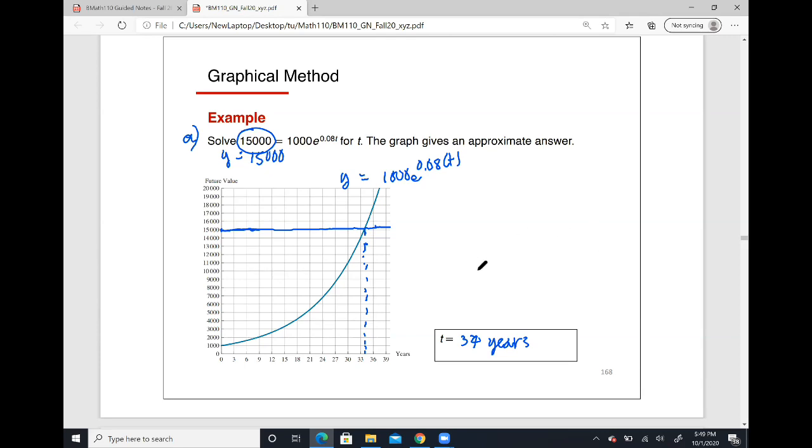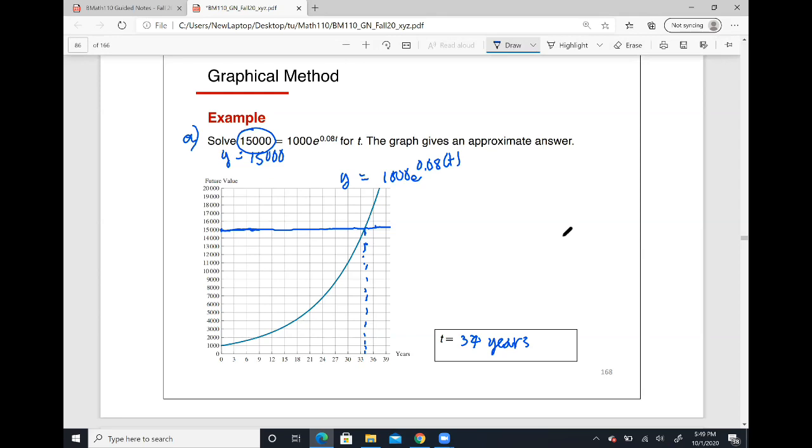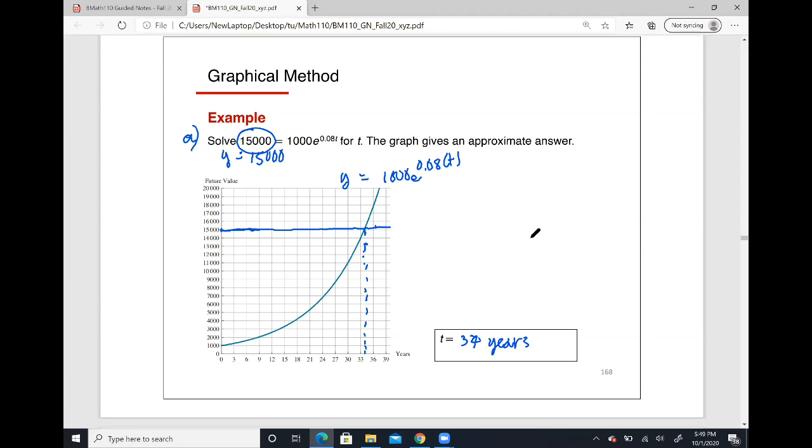But this graphical method will not be very accurate if we do it like this, right? Usually if you take a test, you don't want to just do this. It's just for you to approximate. You have no clue whether that is the true answer, right?